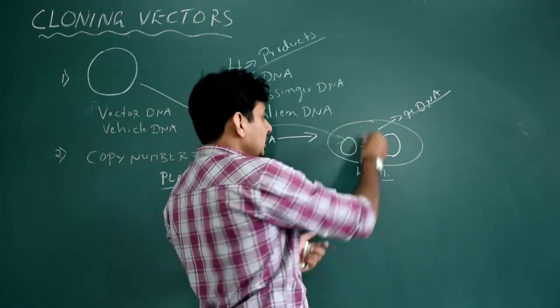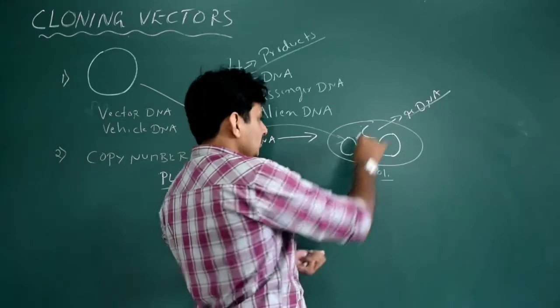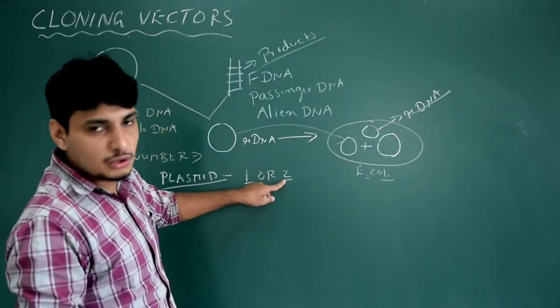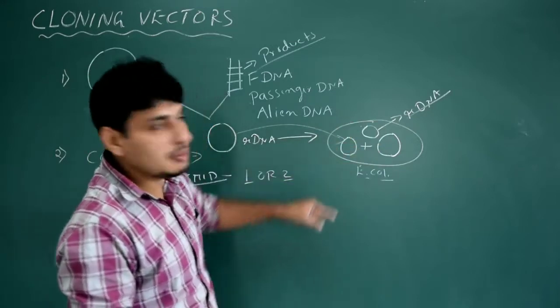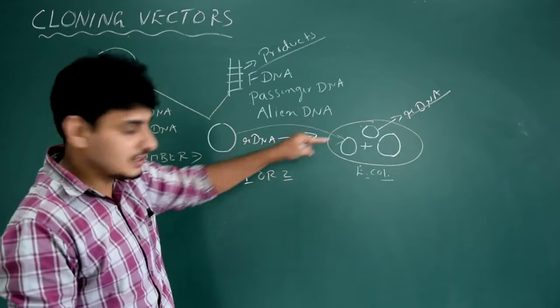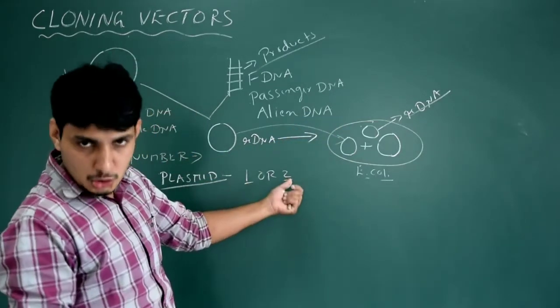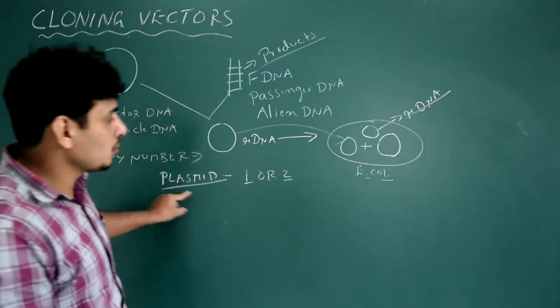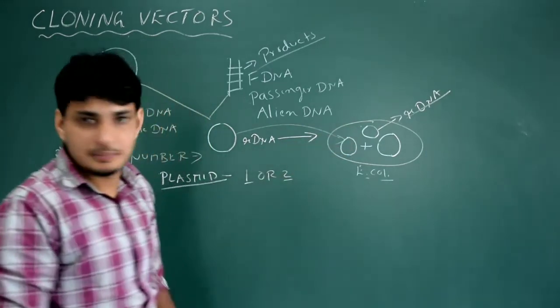So we just write one more rDNA. So this is actually two now. So the maximum number of rDNA within the host organism after introduction of rDNA is nothing but one or two. So that is called copy number. It is the ability of the plasmid to produce more number of rDNA. Got it?